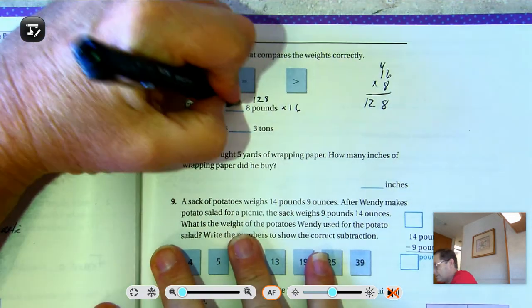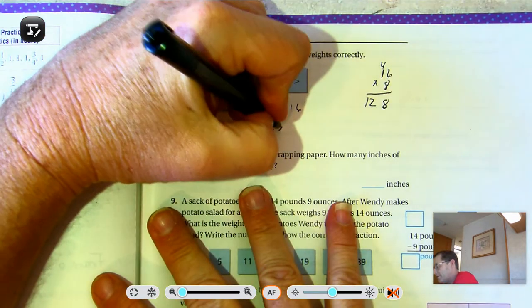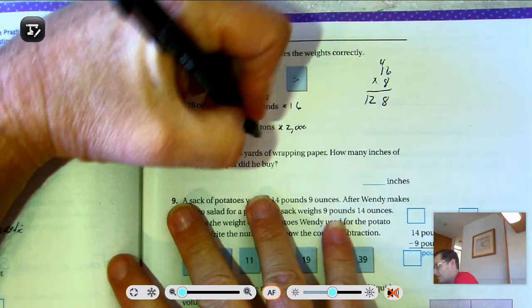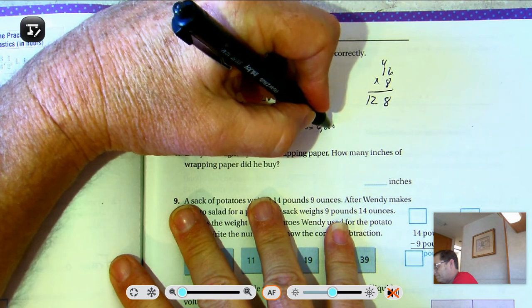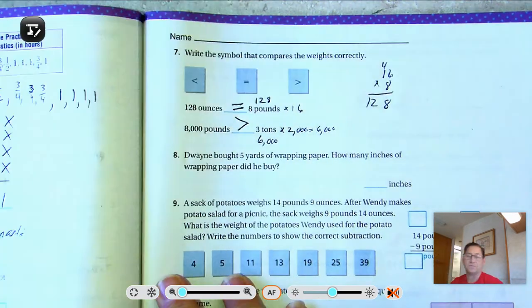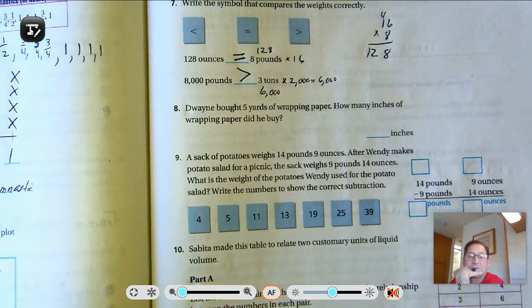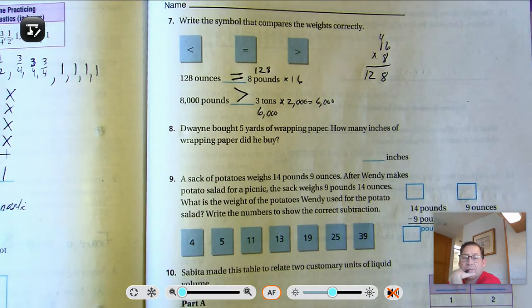Okay, well, that's equal. 3 tons would be 3 times 2,000. Well, that's 6,000. So 8,000 pounds is more than 3 tons. Greater than.